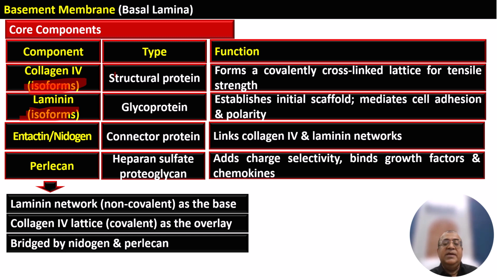The laminin network is non-covalent at the base. Collagen 4 is covalently bound, and it is formed as an overlay at the base of the laminin, and these are bridged by nidogen and perlecan.